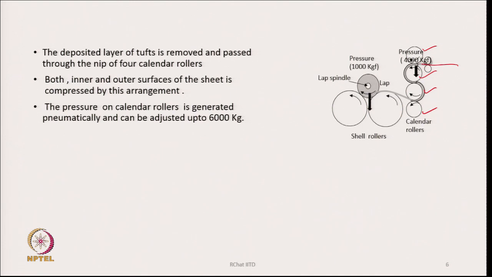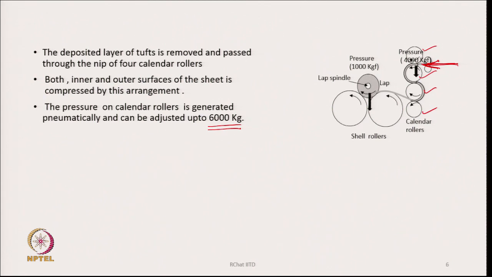So, this is the entry point of the thick mat or sheet, and then it is taking a path as shown in the diagram. The calendar rollers are under heavy pressures, and how much pressure? The maximum pressure we can adjust to the extent of 6000 kg force.